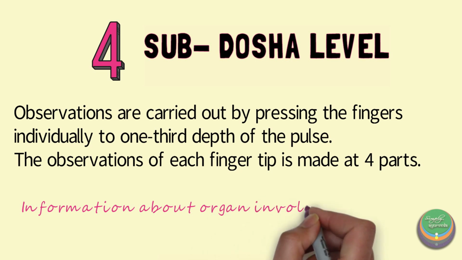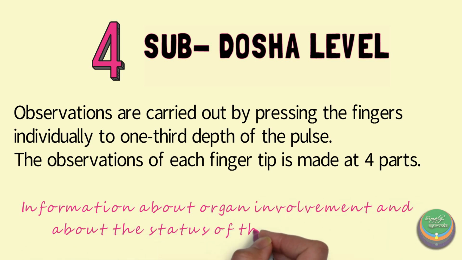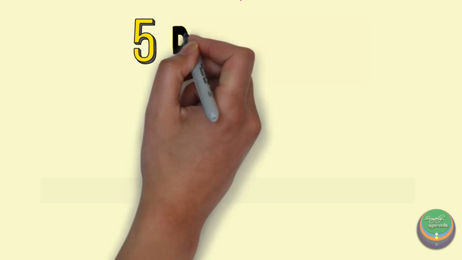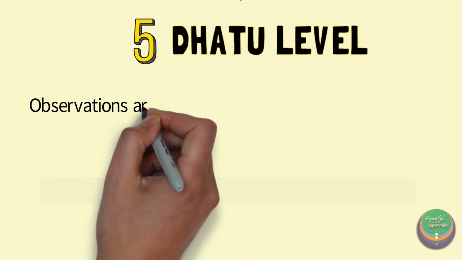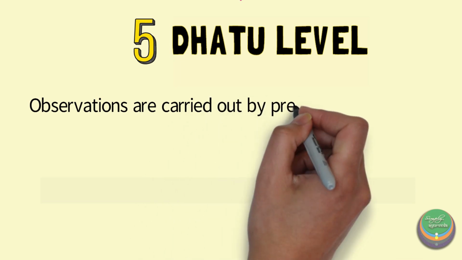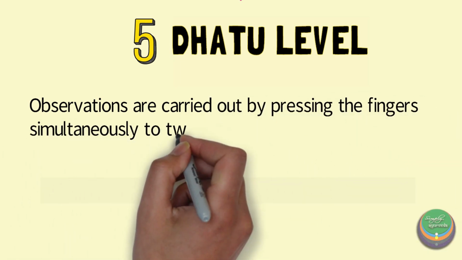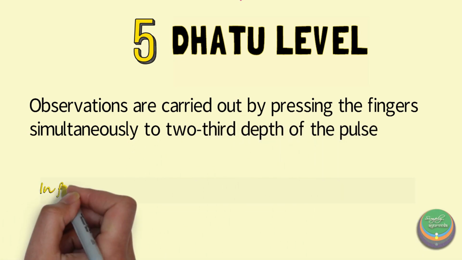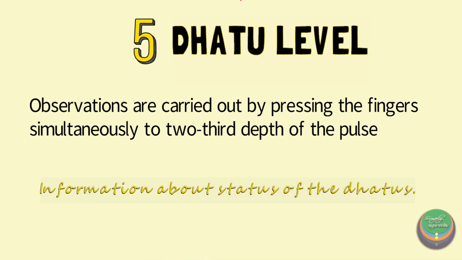This level also provides information about the involvement of subtypes of the tridoshas. Dhatu level. Dhatu level is another layer of exploration within the pulse. It provides information about the tissue involved. This information is collected at a depth of 2/3 of the depth of the pulse. All three fingertips are simultaneously pressed to explore this level.